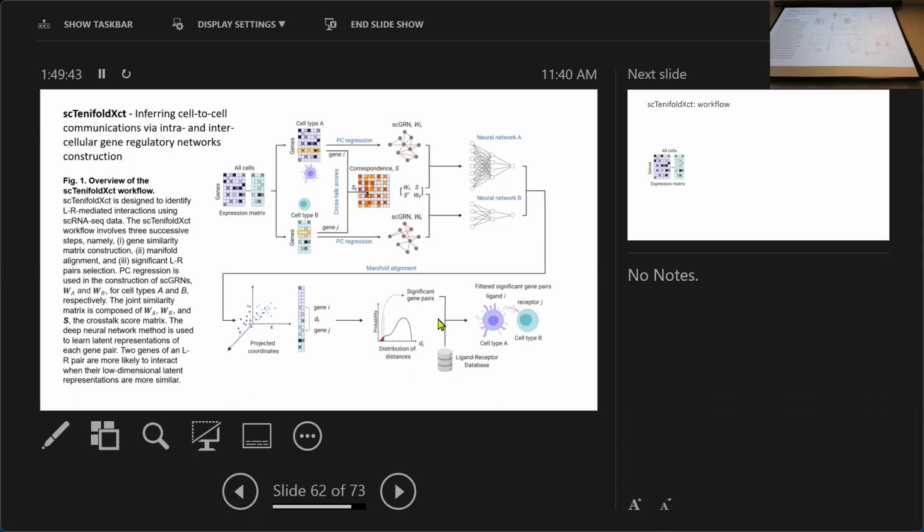This is A, this is B. We project them into a low-dimensional space, like 2D or 3D, so that we can visualize that. Suppose we have 100 genes, so it's a 100 by 100 space. Each gene is a 100-dimension vector, so it's really hard to visualize them. So how do we project them to the 2D space?